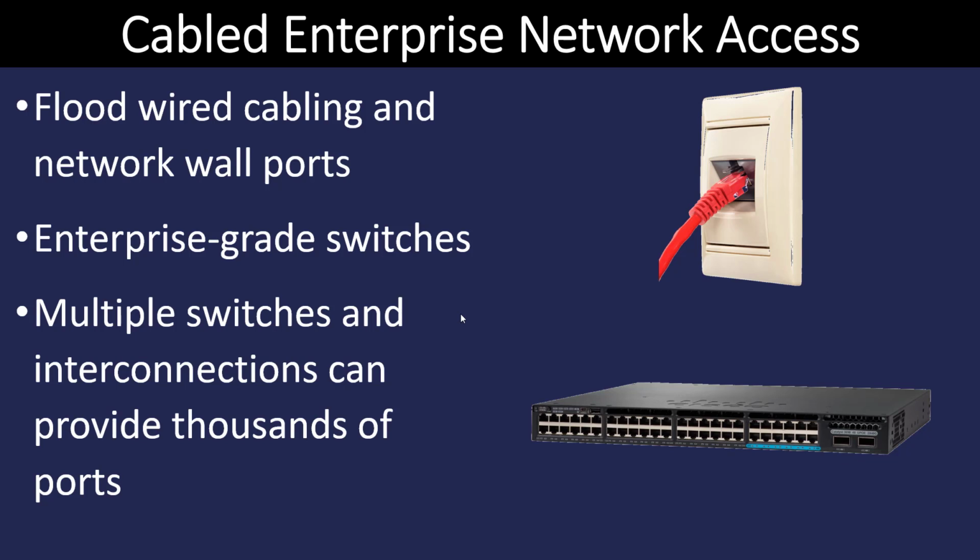Or at a business, we might have an enterprise grade switch, as you see here in the picture. And we can connect switches to switches if we have a lot of computers. So this one is probably 48 ports, but if we had more than that, we might add a second switch next to it and connect the two together. So we can have literally thousands of ports on a local area network if need be.